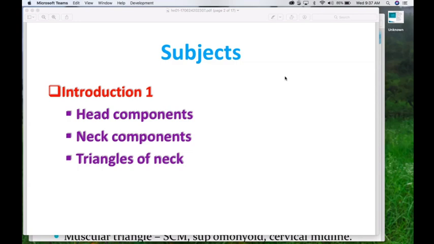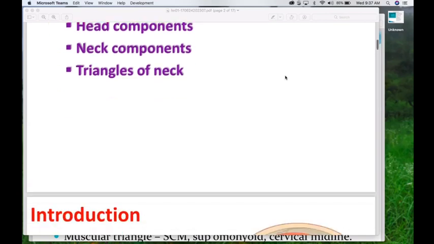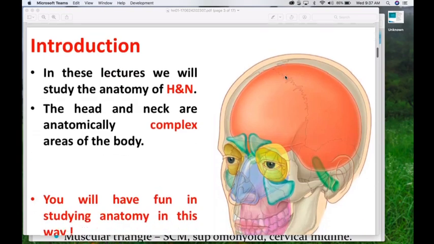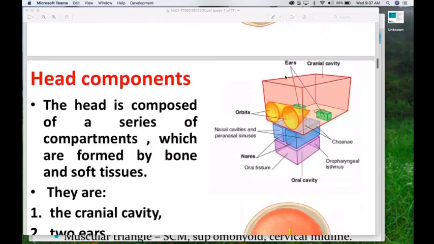So today I'm covering three topics: head components, neck components, and triangles of neck. So first we start from head.